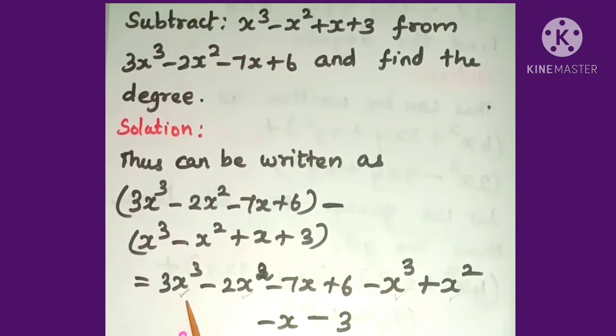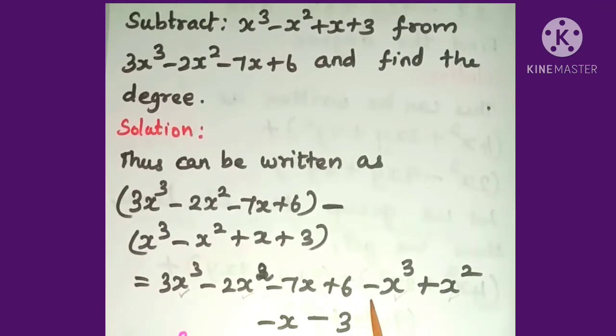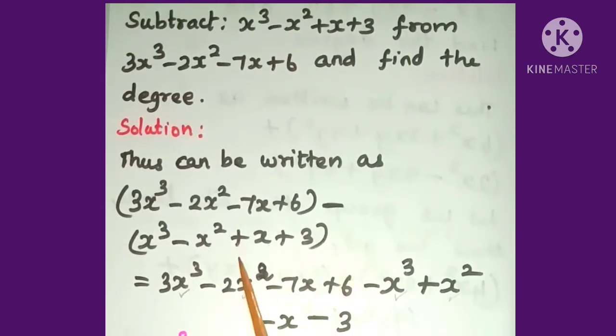So that is the first term. Write the first expression as it is: 3x cube minus 2x square minus 7x plus 6. In the first case, you can use the product of signs, that is minus into plus x cube gives minus x cube, minus into minus gives plus, so plus x square, minus into plus x gives minus x, minus into plus 3 gives minus 3.